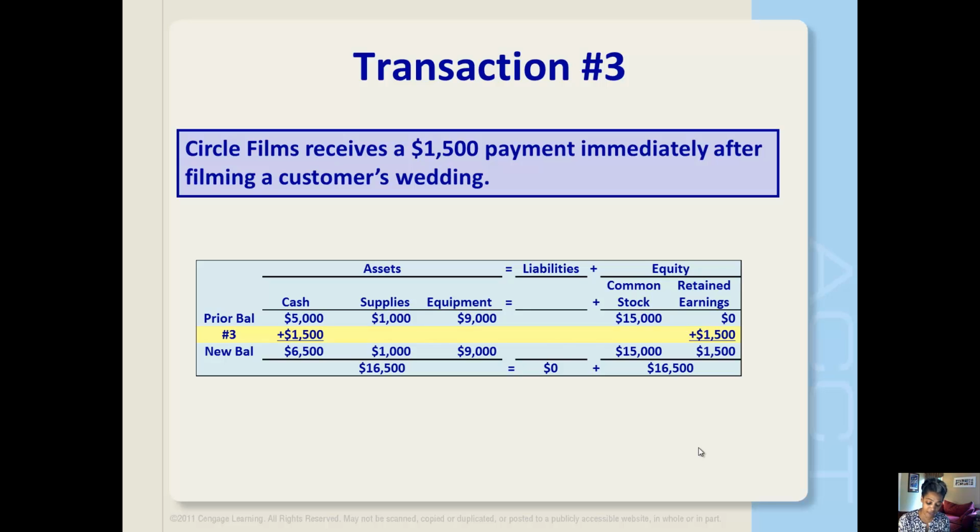So this inflow of assets is from providing a service, and so that service is revenue. Revenues increase net income, which is not on the balance sheet, it's on the income statement, but that in turn increases retained earnings because that's how the income statement and the balance sheet are linked together. So as a result, Circle Films retained earnings, and therefore its equity, is increasing along with cash.